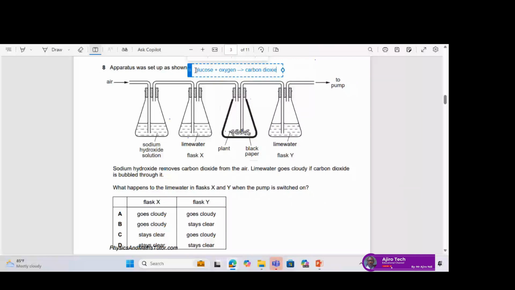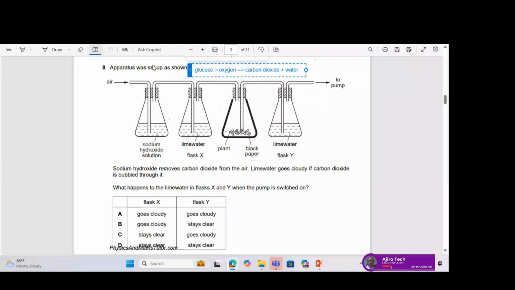Okay, energy is not part of the equation. Energy is released during the process of the reactions happening. So usually energy is not part of the reaction as ATP, so you don't need to write plus ATP. It is the different processes that release the energy. It's not part of the equation. Take note of that.